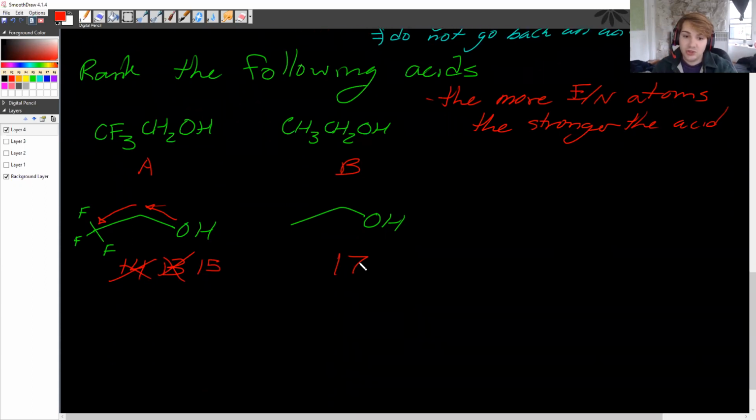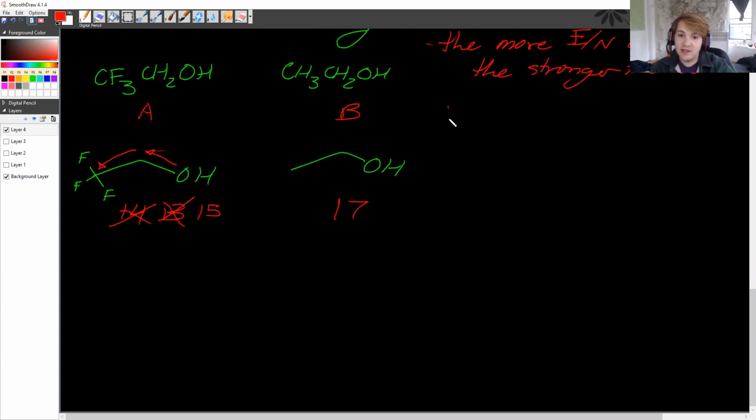The other portion to know about this is that the inductive effect is made up of two portions. The first portion is the number of electronegative atoms. And the second portion is their proximity.